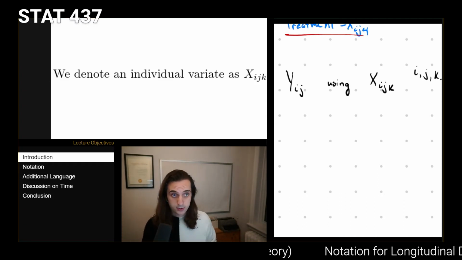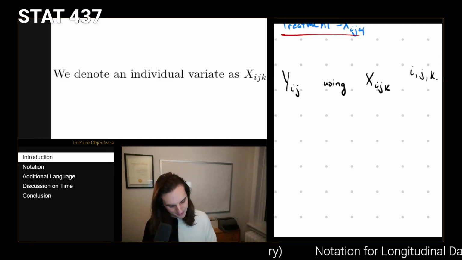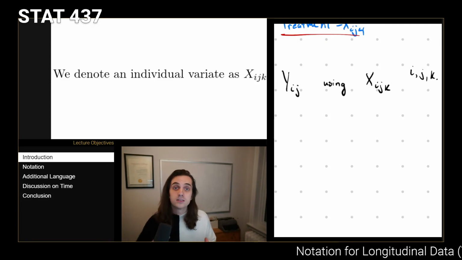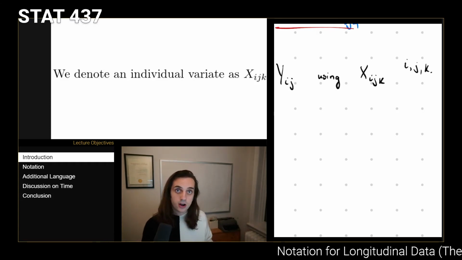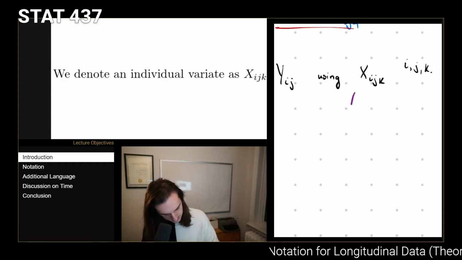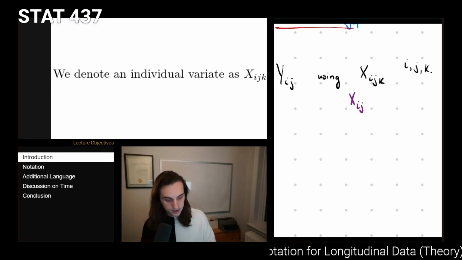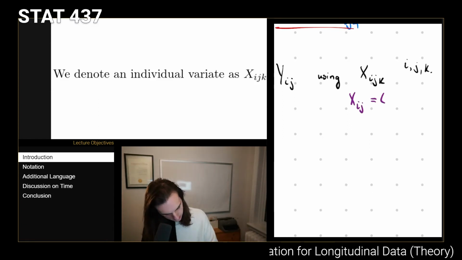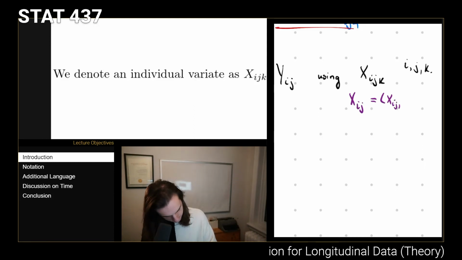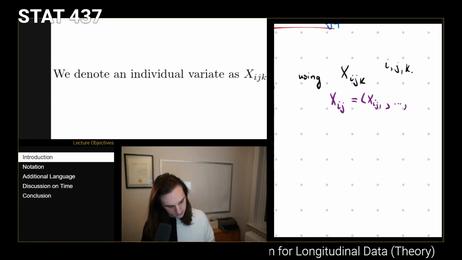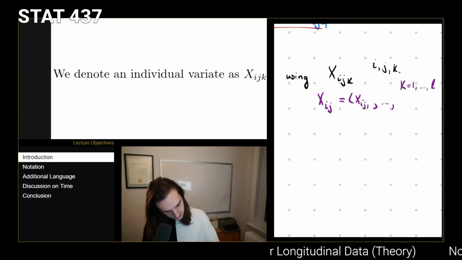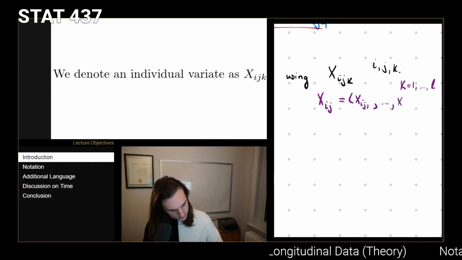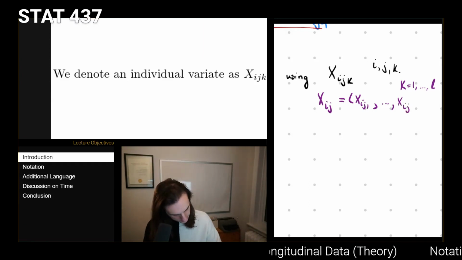Now, this notation is quite cumbersome. I'll be the first to admit. And so what we will often do is shorten this to be talking about vectors, right? So the first most obvious vector to use is to say, take Xij, and we're going to define this as a vector now, and this is going to be equal to Xij1 up to, and let's say that k ranges from 1 to L. Then we can take Xij to be the vector Xij1 up to XijL.